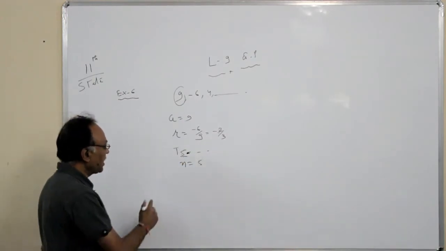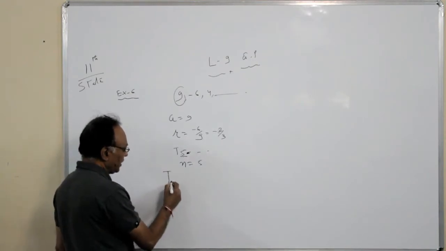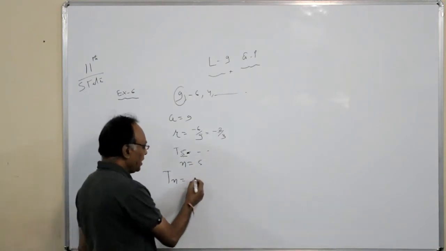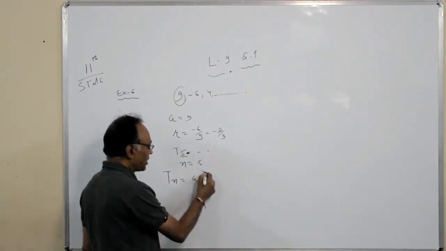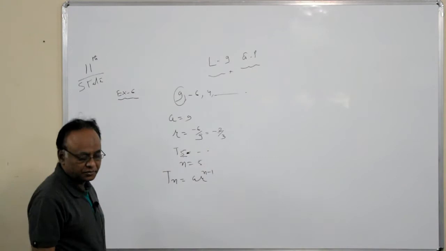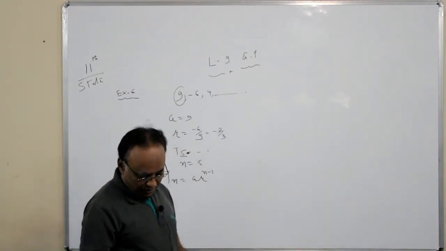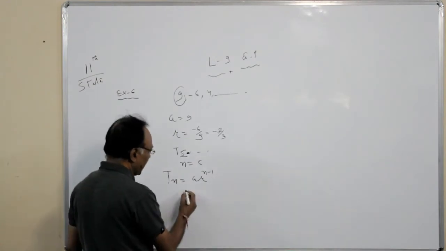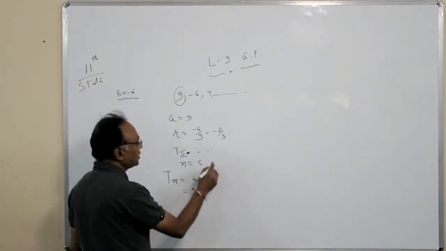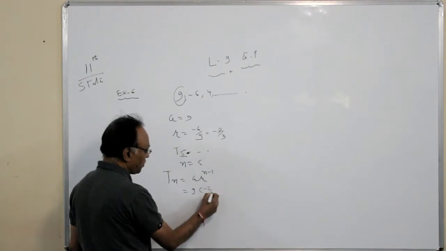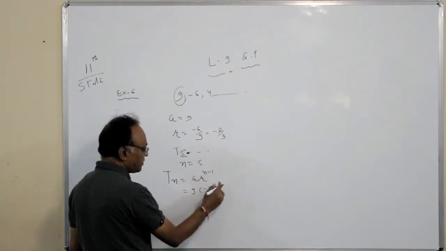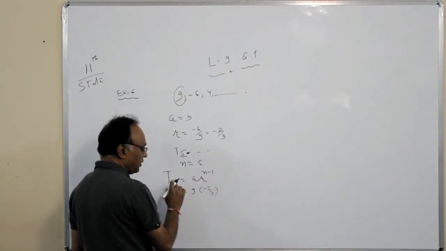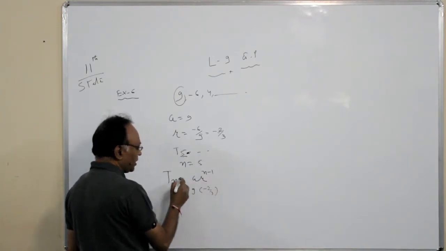Now, apply the formula. Tn is equal to A r raised to n minus 1. Now, A is equal to 9, R we just found is minus 2 upon 3, and we want the fifth term, so n is 5.